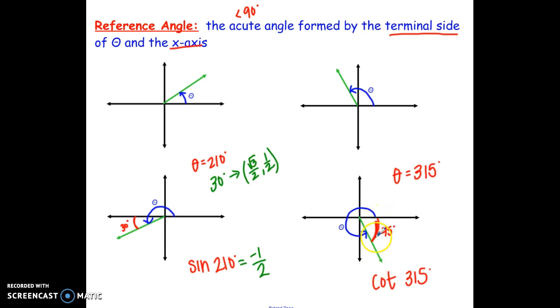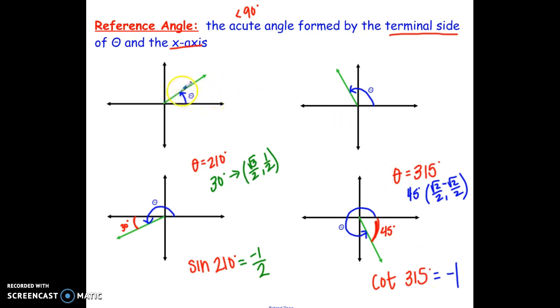So that acute angle's measurement is 45 degrees. That means 45 degrees is what we can reference, and we know that's root 2 over 2, root 2 over 2. Now, being in the fourth quadrant, we're going to have a positive x and a negative y. If I want the cotangent, it's x over y, something over itself, but a positive over a negative. That means our answer here is going to be negative 1.